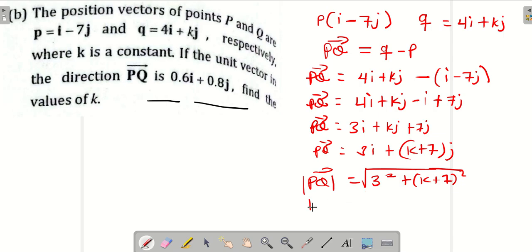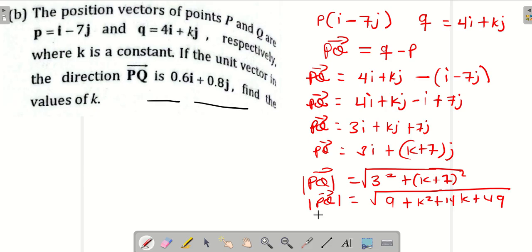So we are going to get the magnitude of PQ to be equal to 3 squared, which is 9, plus this will give us k squared plus 14k plus 49.